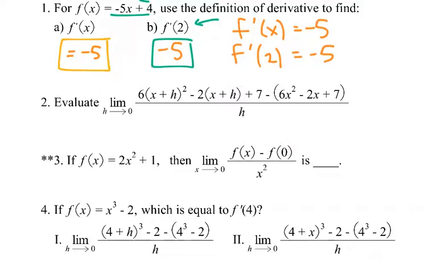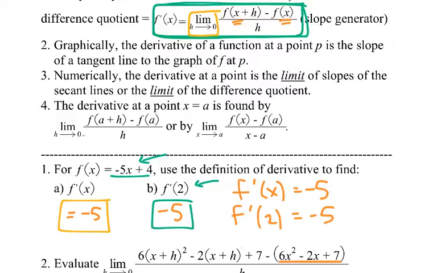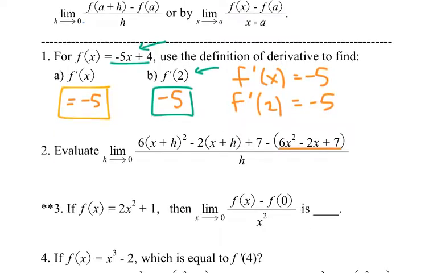2, evaluate the limit as h approaches 0 of this whole thing. What I want you to notice here is our original function. If you look at the structure of this, f of x lives behind the minus sign. Here's our minus sign. This is f of x.